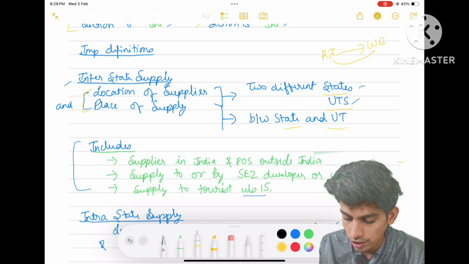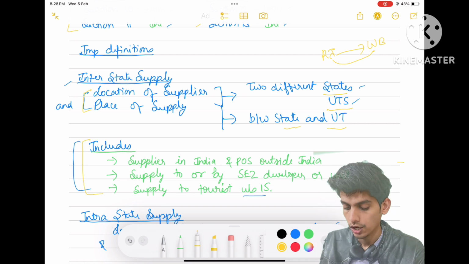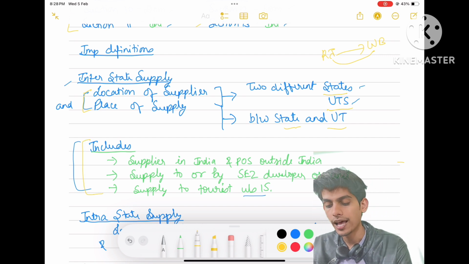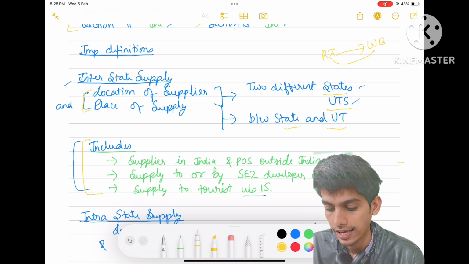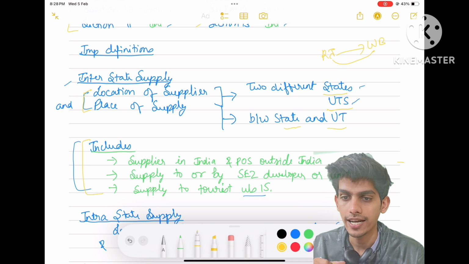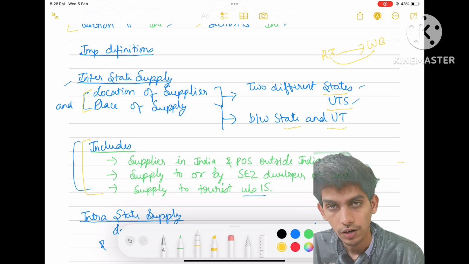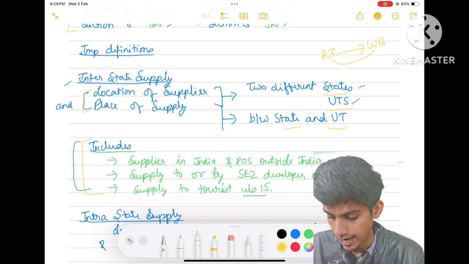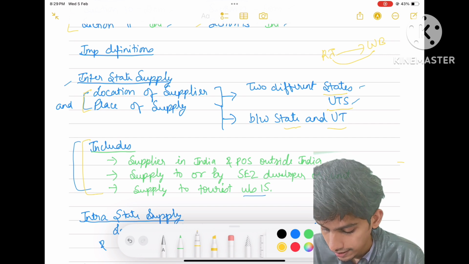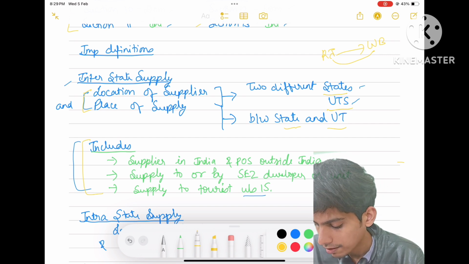This definition also includes three more transactions. First is when the supplier is in India and place of supply is outside India. If the goods are supplied outside India, then also it will be called interstate supply. Another is supply to or by a special economic zone developer or unit.